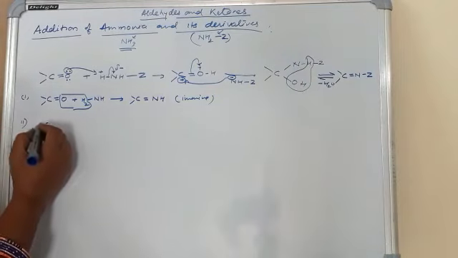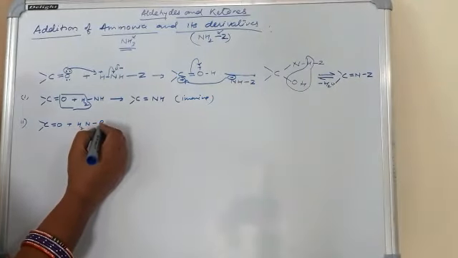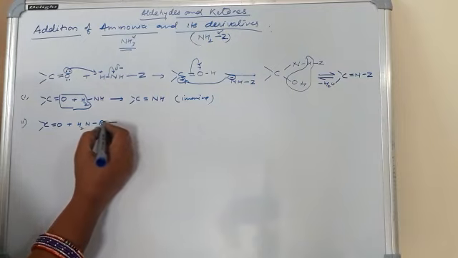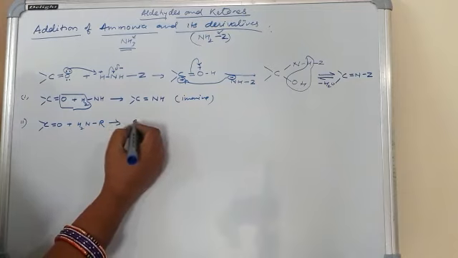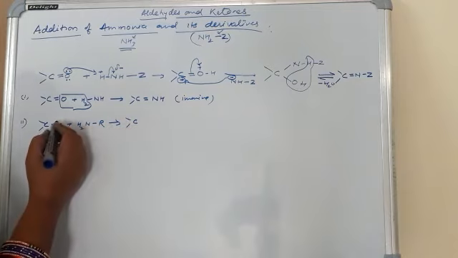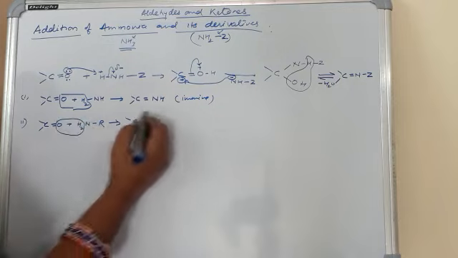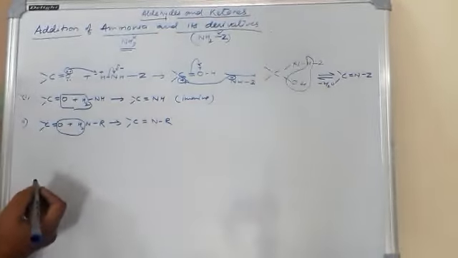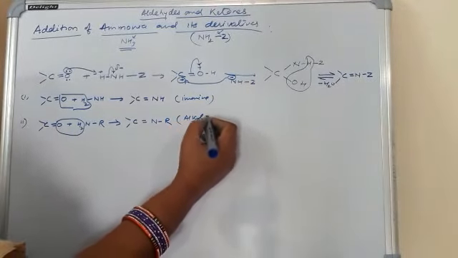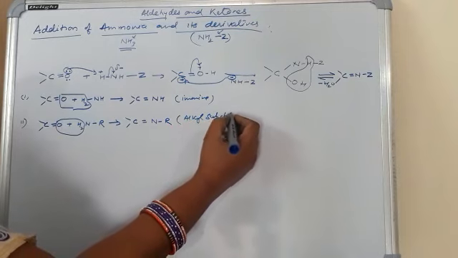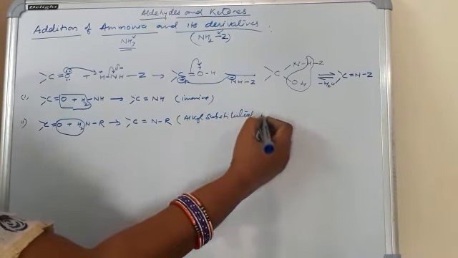Next, when a carbonyl, either aldehyde or ketone, reacts with an alkyl substituted compound, maybe CH3 or any alkyl group, here H2O is removed and alkyl substituted imine is formed.